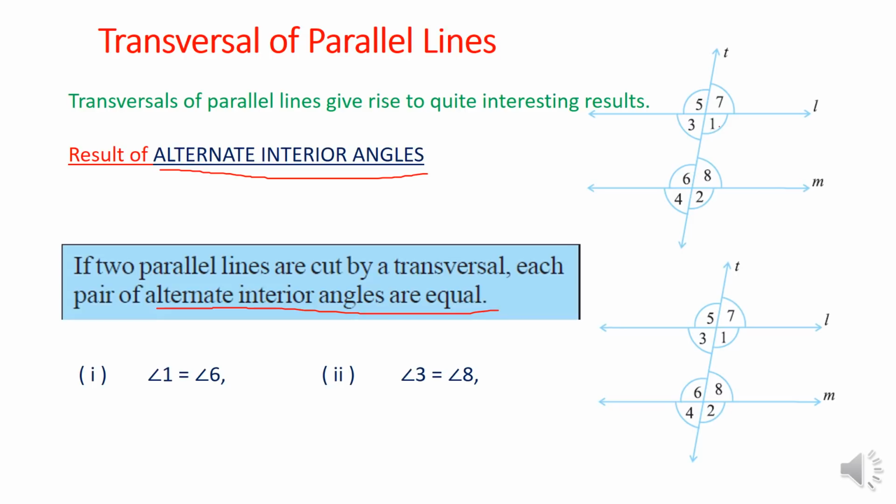You can see here angle 1 and angle 6, which are inside the two parallel lines but on opposite sides of the transversal. Similarly, 3 and 8. These are pairs of alternate interior angles, and they are equal to each other.